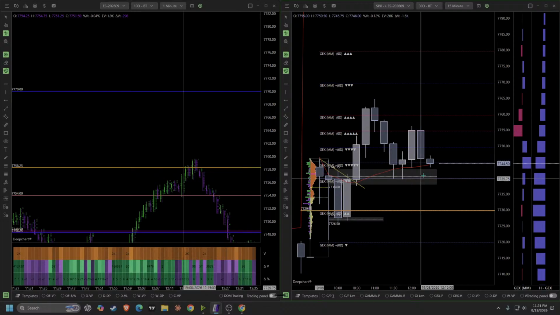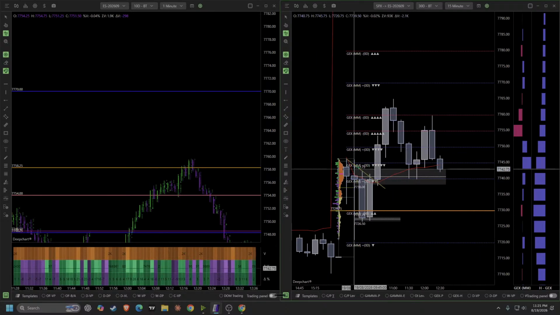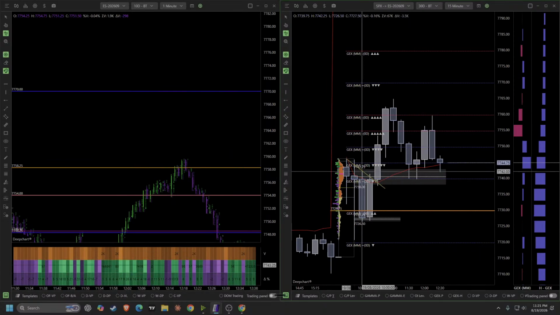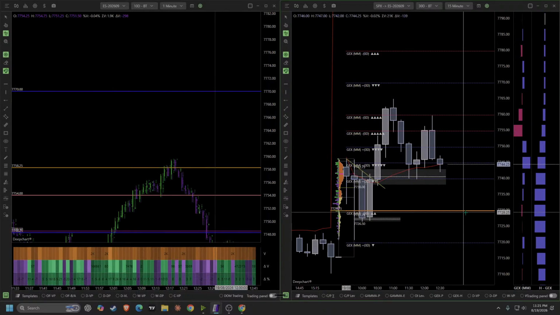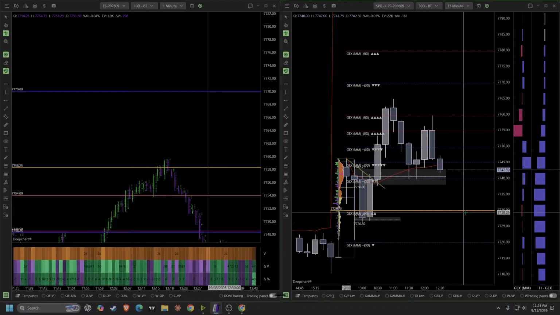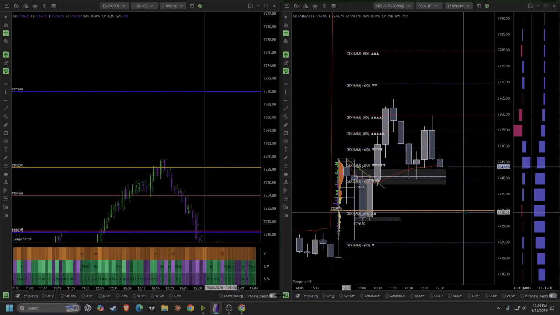Retest of the zero GEX line and this support, where there may be more buyers ready to step in.